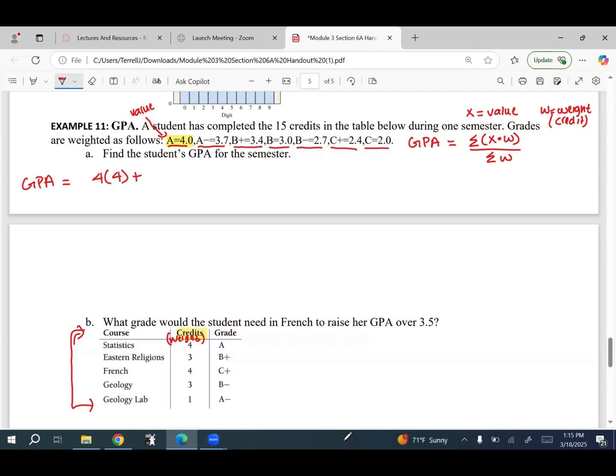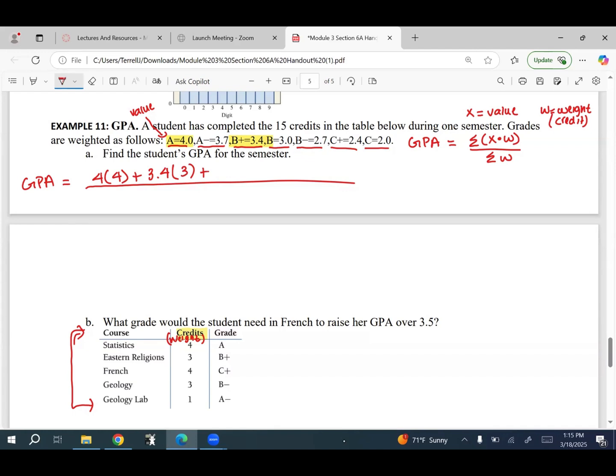Plus, I have to sum this all. Plus, look at Eastern religions. The student got a B plus. The value of a B plus is a 3.4. You see that right here. So that is 3.4 times the weight or credit, which is a 3. It says that on the table. Plus, okay, in French, the student got a C plus.